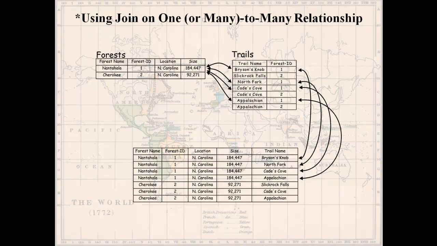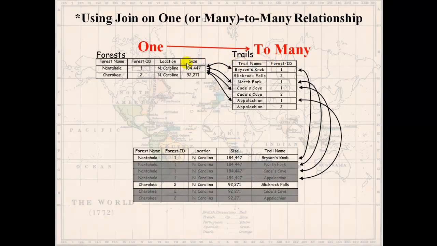When I showed you the join and I talked about not using it for one-to-many or many-to-many, I'll show you why that applies. Here we have forest, this is the one. Here we have many, which is the trails. If we try to join these two together, it will pick the first thing that it finds in this target table and join the attributes there, and it'll neglect the ones that come after it.